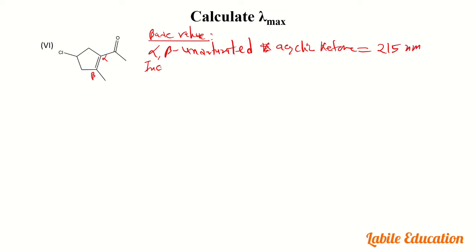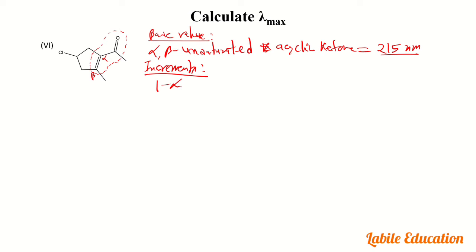Now the increments. If you mark this, this is the part of the ketone. We have the base value, but at alpha, this is the ring residue.